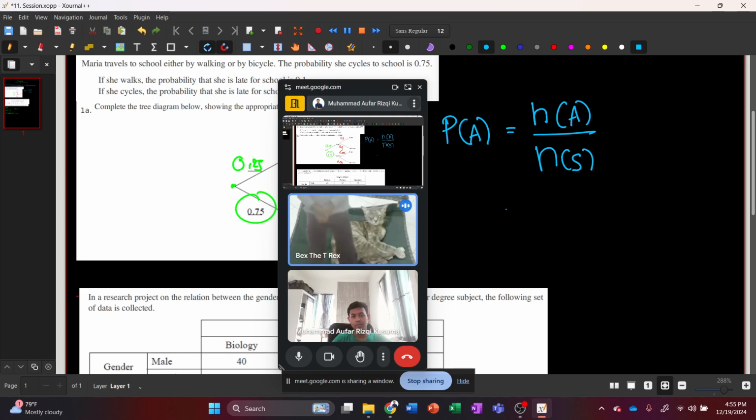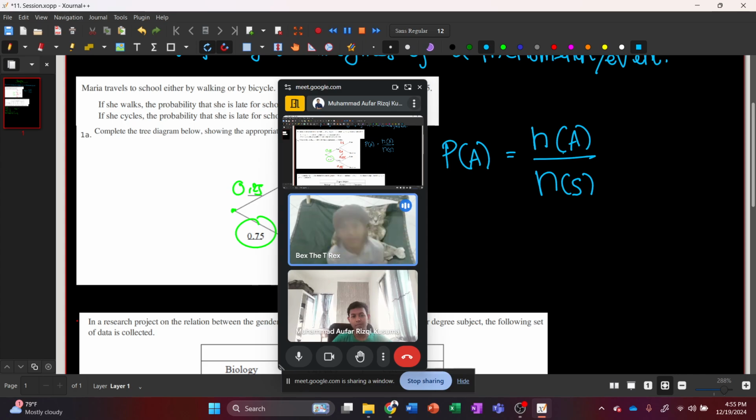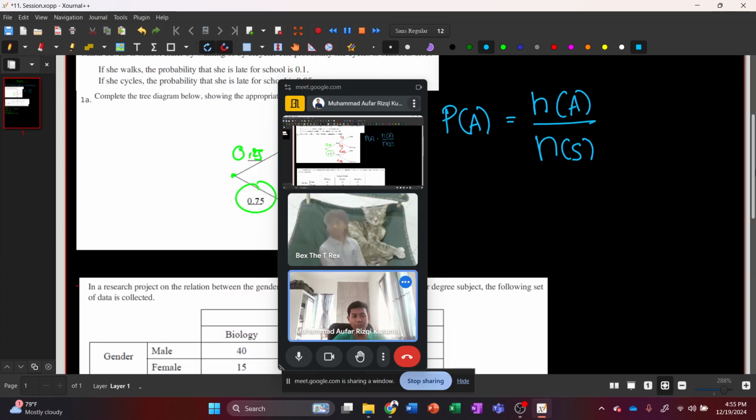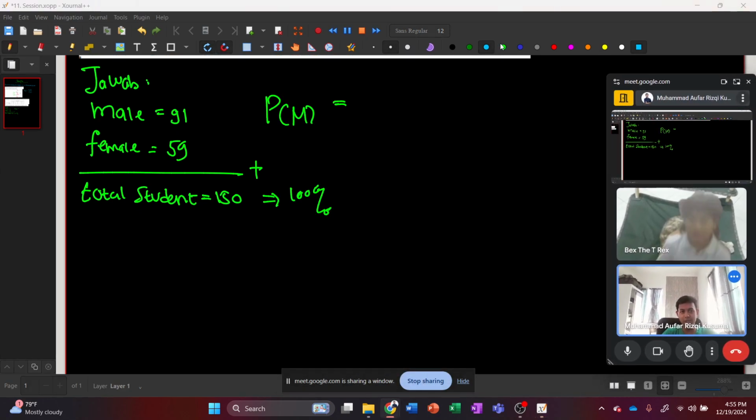So the probability of finding male is the number of males divided by the total population, which consists of male and female.